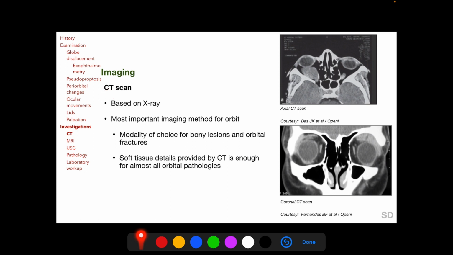CT scan is based on X-ray, and it is the most important imaging method for orbit. It is the modality of choice for bony lesions and orbital fractures, but soft tissue details provided by CT scan are also enough for almost all orbital pathologies.